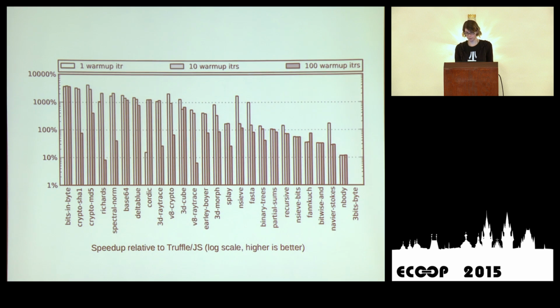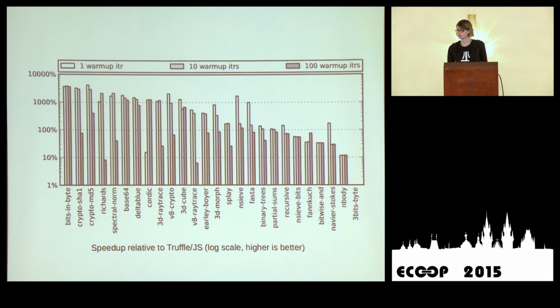And this is a comparison against Truffle.js. In this case, we have 3 different columns, one with 1 warm-up iteration, 10 iterations of warm-up, and 100. In the case of V8 and TraceMonkey, 10 iterations are sufficient to obtain a warm-up, but Truffle needs more time to reach peak performance.